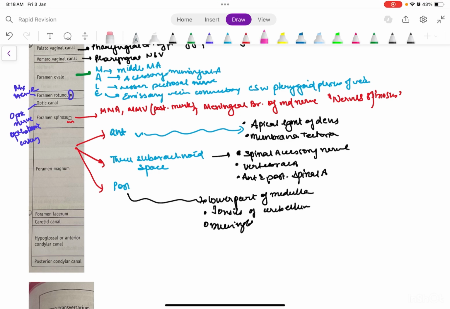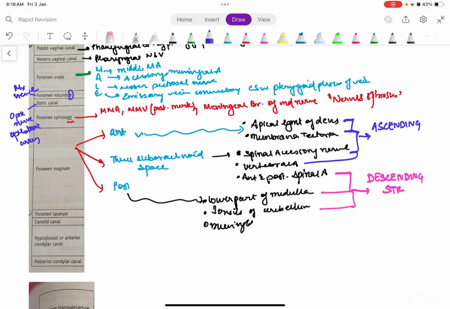Now an important thing to note here is that the ones I'm marking are descending structures, and these are ascending structures. Then we have foramen lacerum again, and just remember the meningeal branch of the pharyngeal artery.